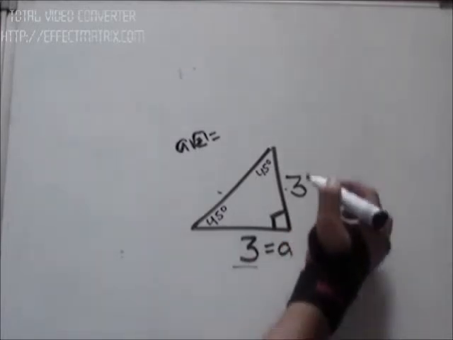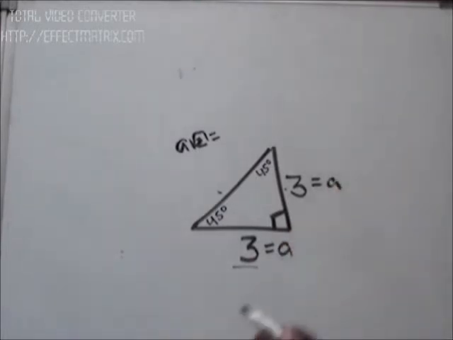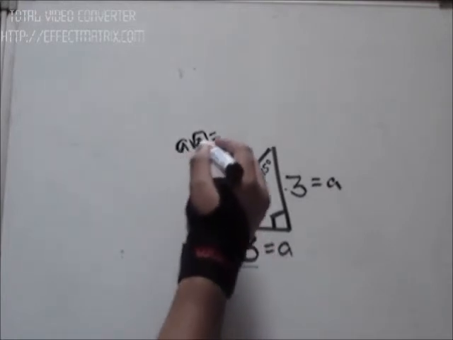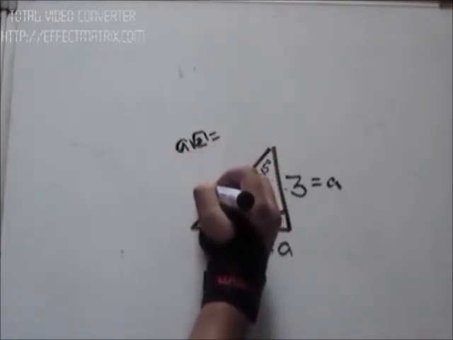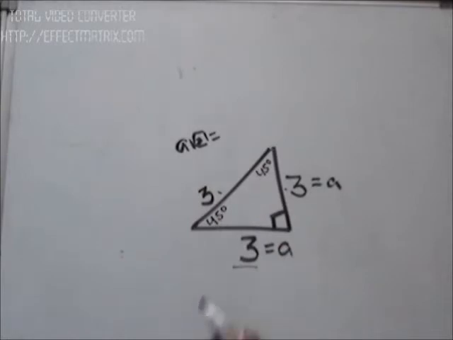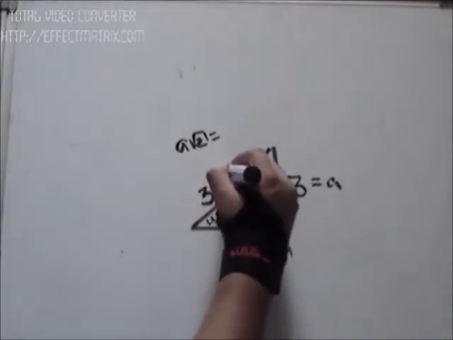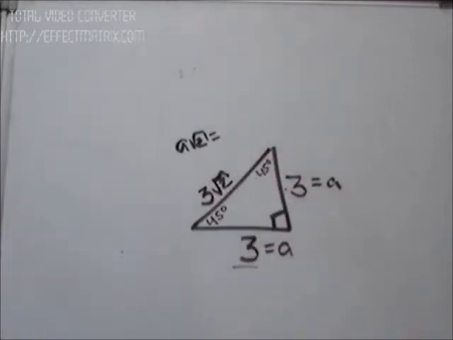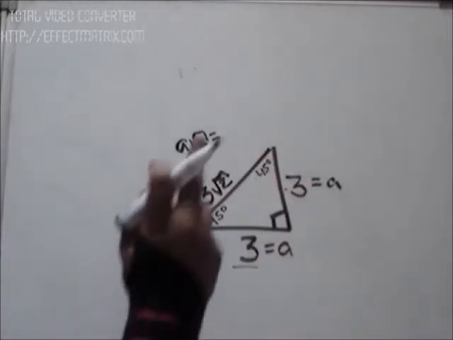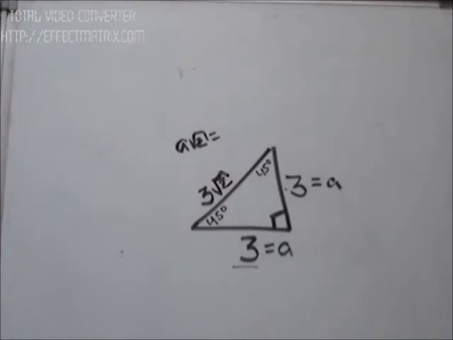So this 3 is A and this 3 is A, making A in this formula be substituted by 3. And if we multiply this by the square root of 2, you will find the hypotenuse is 3 times the square root of 2.